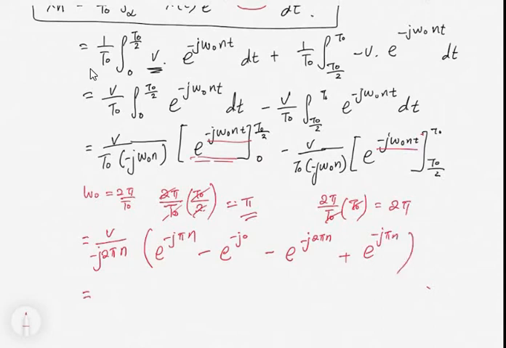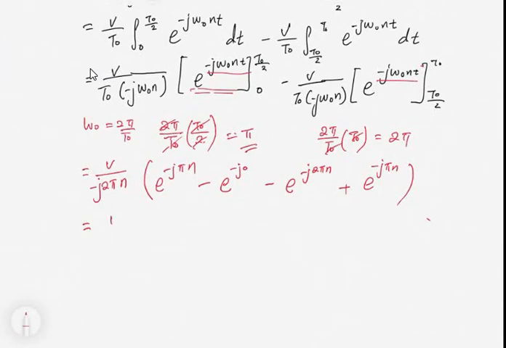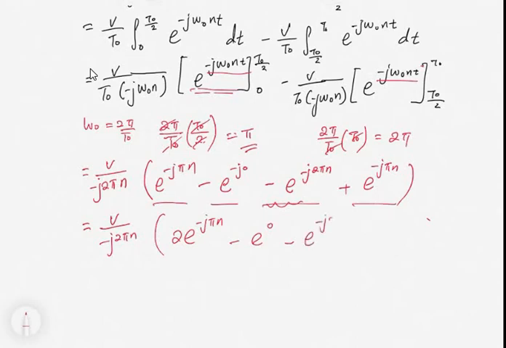So this is equivalent to V over minus j 2 pi n. Okay, so you have this one and this one, so you have 2 e to the minus j pi n, and then this one is e to the 0 minus, oops, sorry, this one is supposed to be this one. So you have minus j 2 pi n.